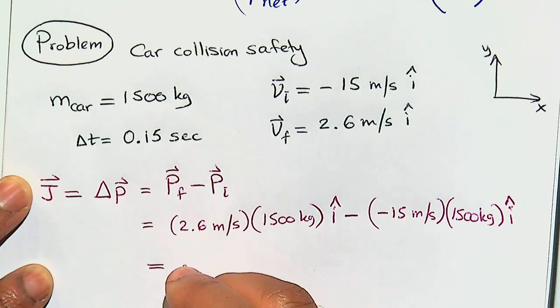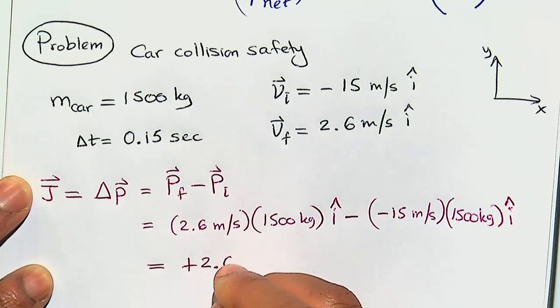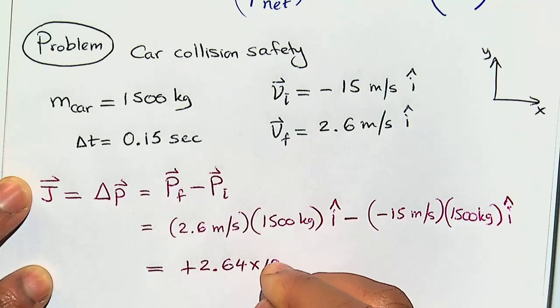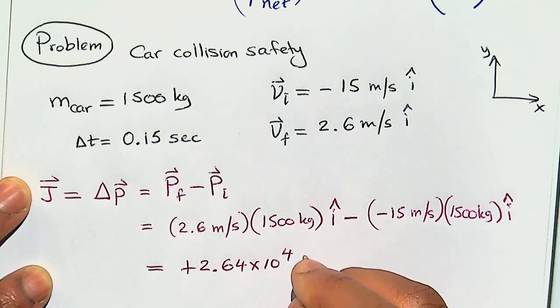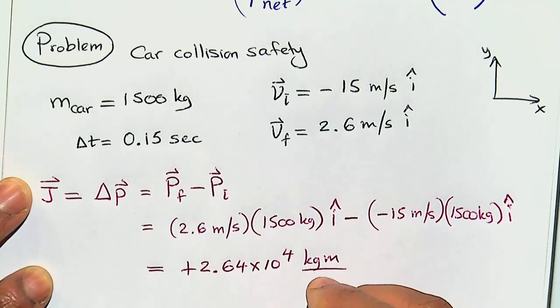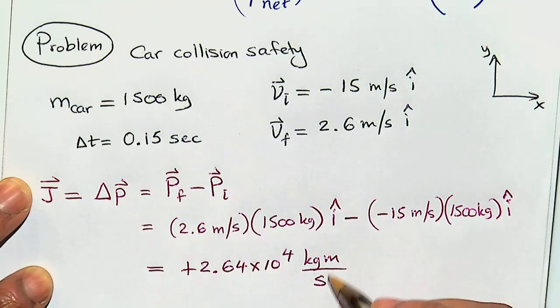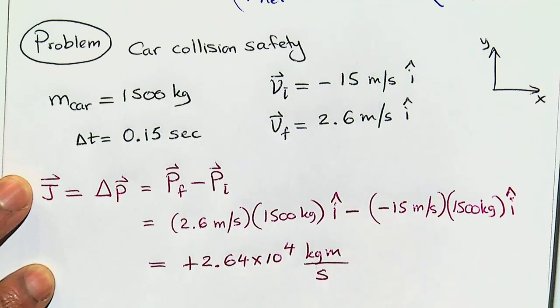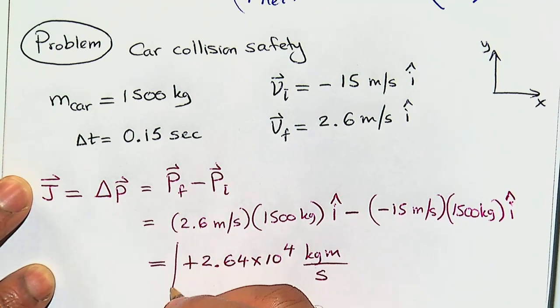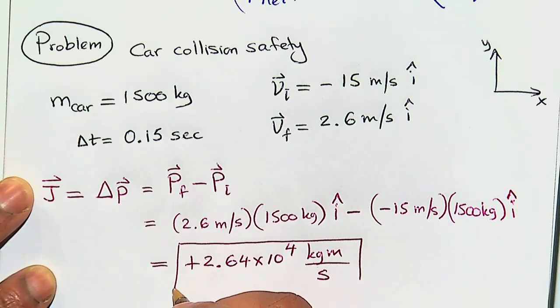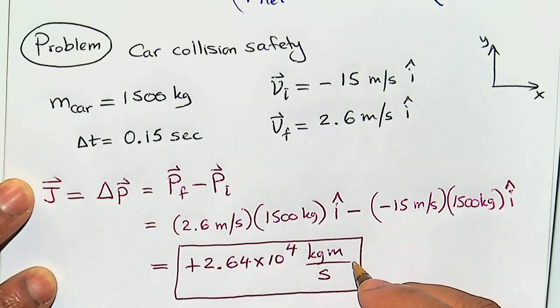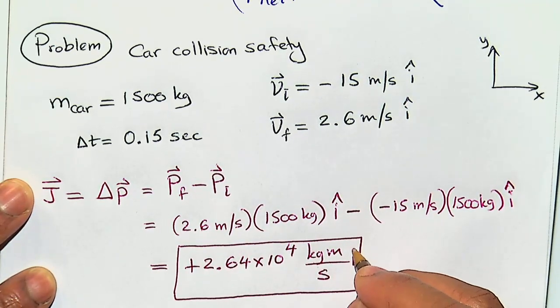And if you did that, you should get a positive 2.64 times 10 to the 4 kilograms meters per second. Momentum and impulse have kind of odd units like this, kilograms meters per second, and also in the i-hat direction.